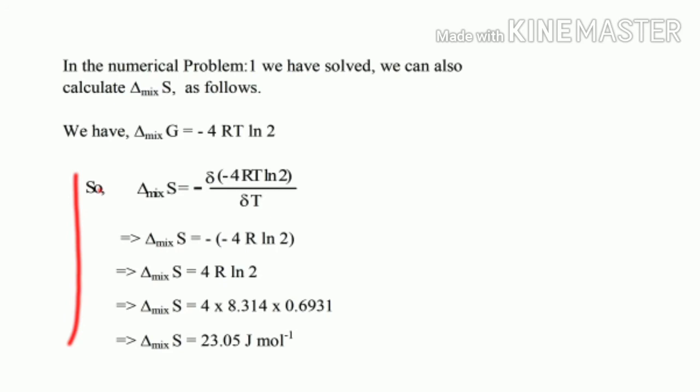Now replacing the values, ΔS_mix = 4 × 8.314 × 0.6931, which is the value of ln 2. On simplification, it gives ΔS_mix = 23.05 joule per mole per Kelvin, and it is positive.